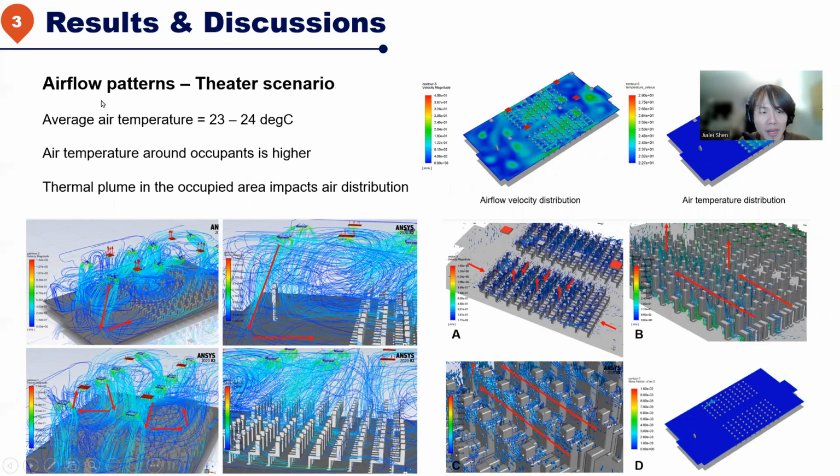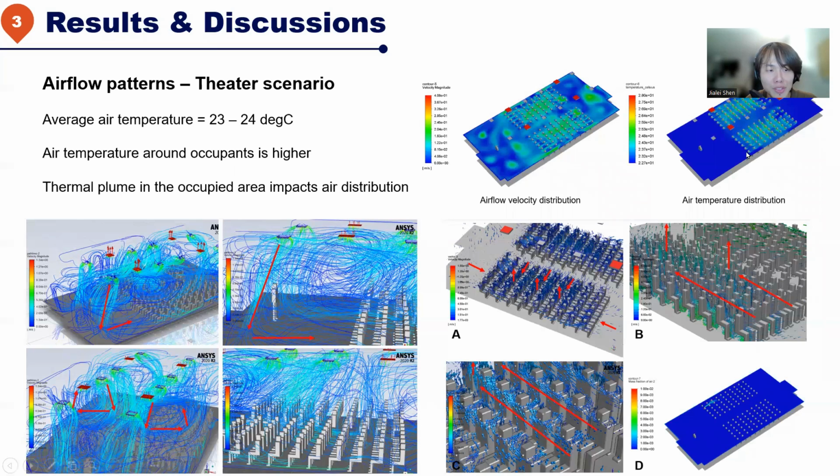First of all is the airflow pattern in the theater scenario. We can tell that the average temperature in the space is around 23 to 24 degrees Celsius, and the air temperature around the occupants in the occupied zone is higher than in the unoccupied space. This means the thermal plume may have some influence on the airflow pattern in the space.